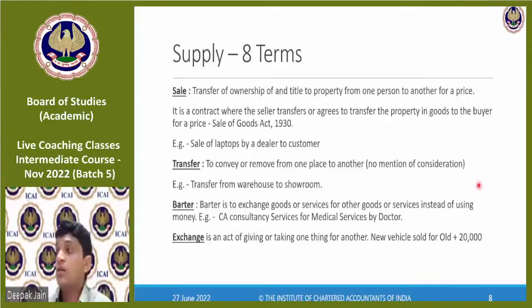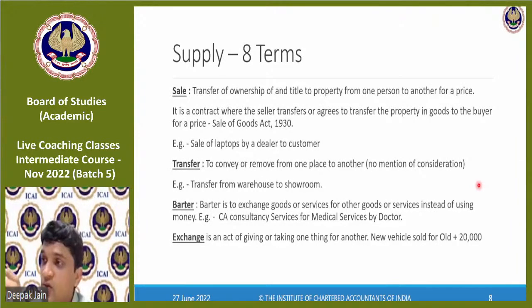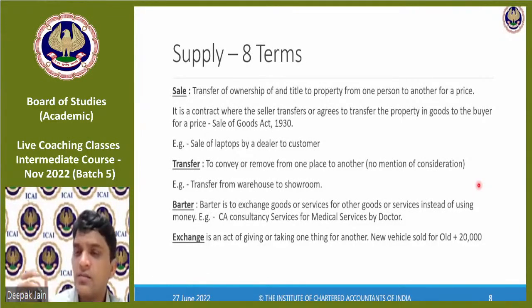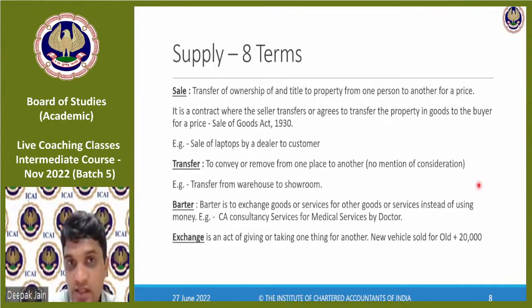I will not touch valuation when I do a barter transaction. I agree that whatever you are giving, I'm accepting. It could be less, then I'll ask him for more. But when I've agreed that you give me this and I'll give you this, it is a barter transaction. No valuation is required because I've agreed to it.